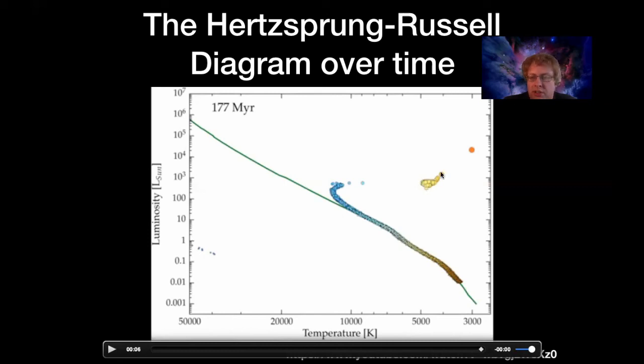They become giants. They hang out here for a while, then they get even much brighter and start looping around here. And you can't even see this on that timeline because it happens so quickly. And they loop down, and then they come back onto this plot where they start cooling down. And they move downwards, almost parallel to this main sequence, and keep cooling down for the rest of time.